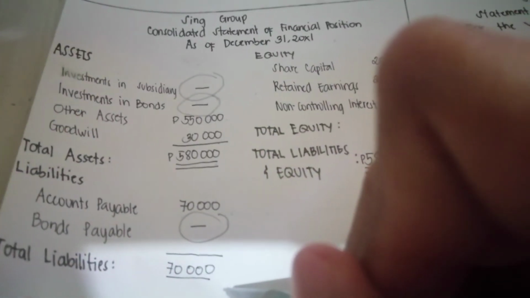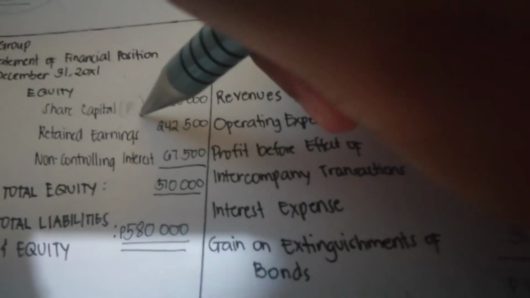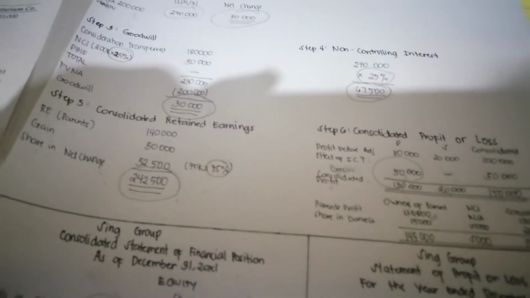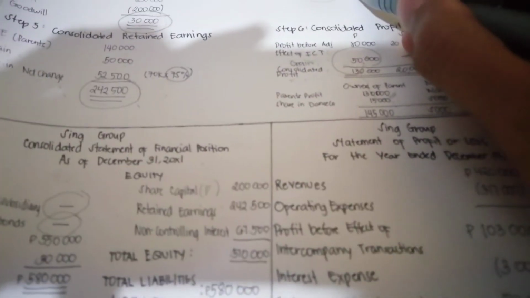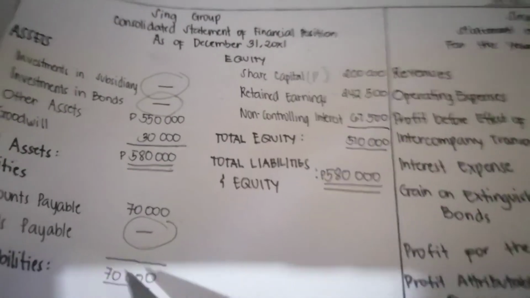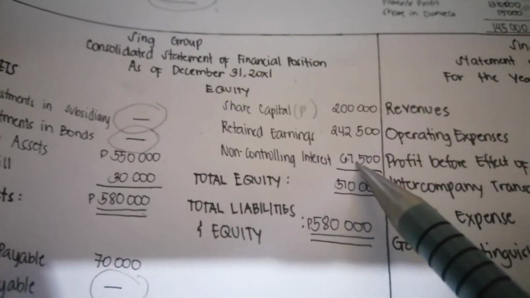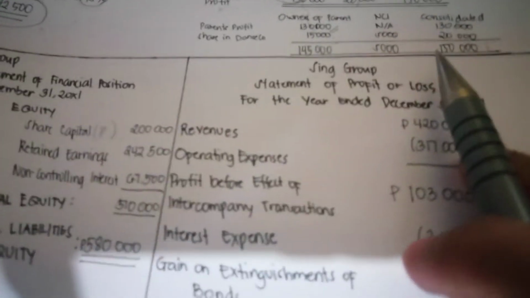Total liabilities of 70,000. Equity: share capital attributed to parent, retained earnings computed in step number 5, and non-controlling interest computed in step number 4, a total of 510,000. 70,000 liabilities, 510,000 equity, a total of 580,000. Balance.